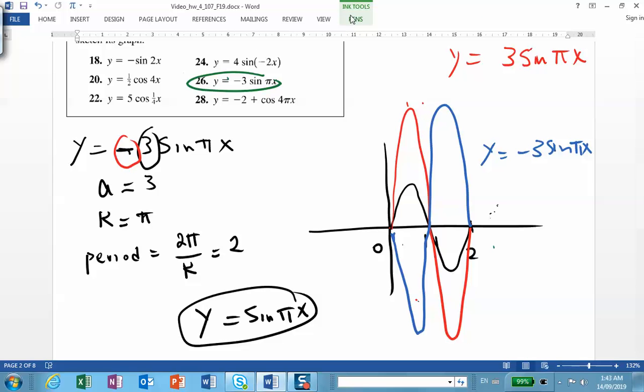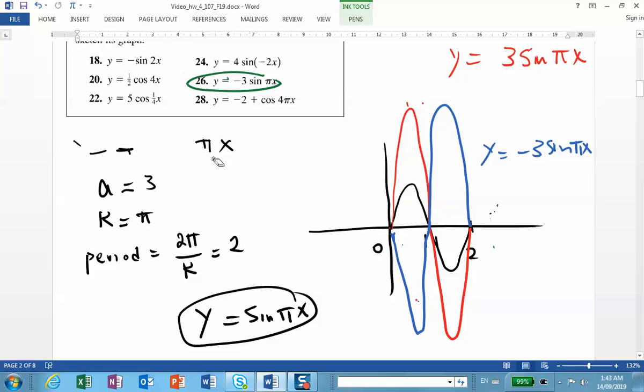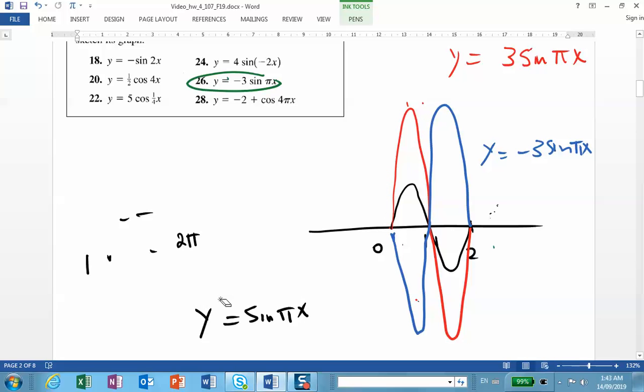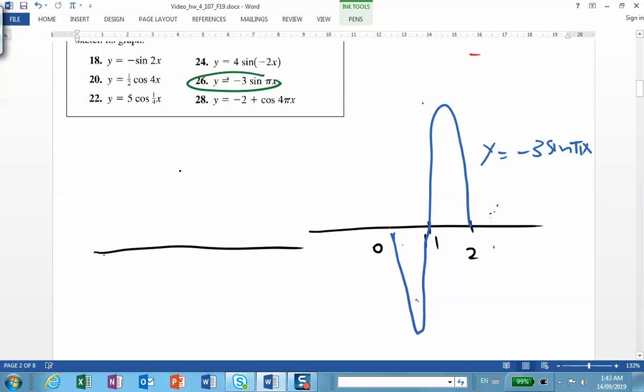So let's erase all the stuff that we don't want. And I'm going to draw that right here on the left. Let me put some axis here. So this blue one: here is 2, here's 1.